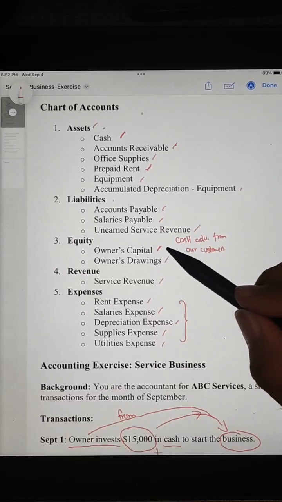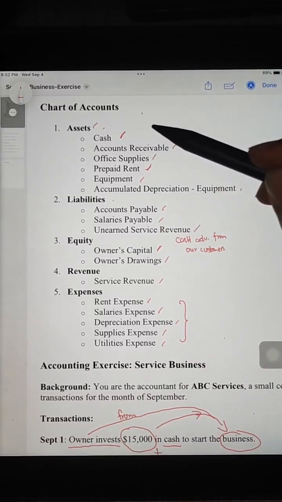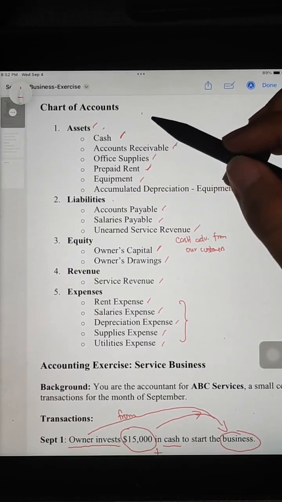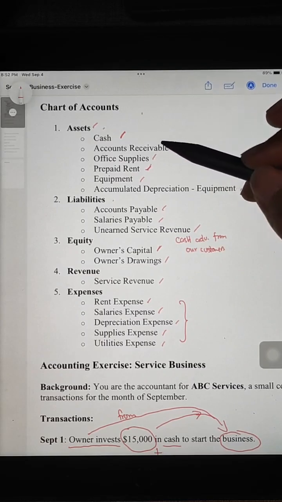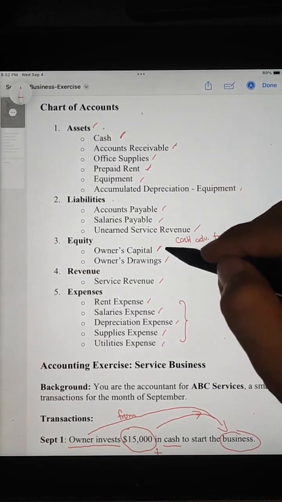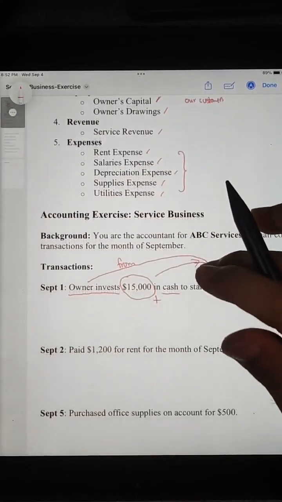Owner's capital also increased. Take note, cash is an asset, and since it increased, it demands a debit. Kindly refer to our cheat sheet from our last video, the picture with the discussion. And since owner's capital increased, this is an equity account, it demands a credit.